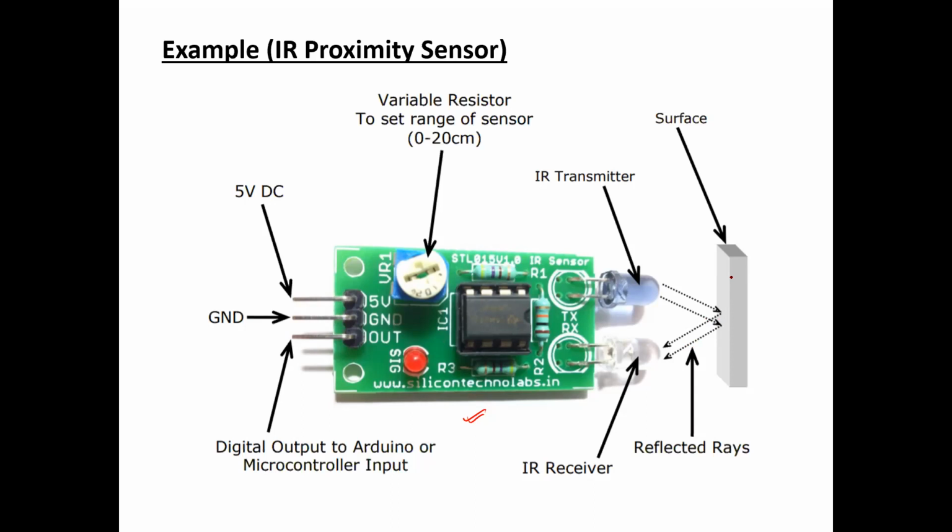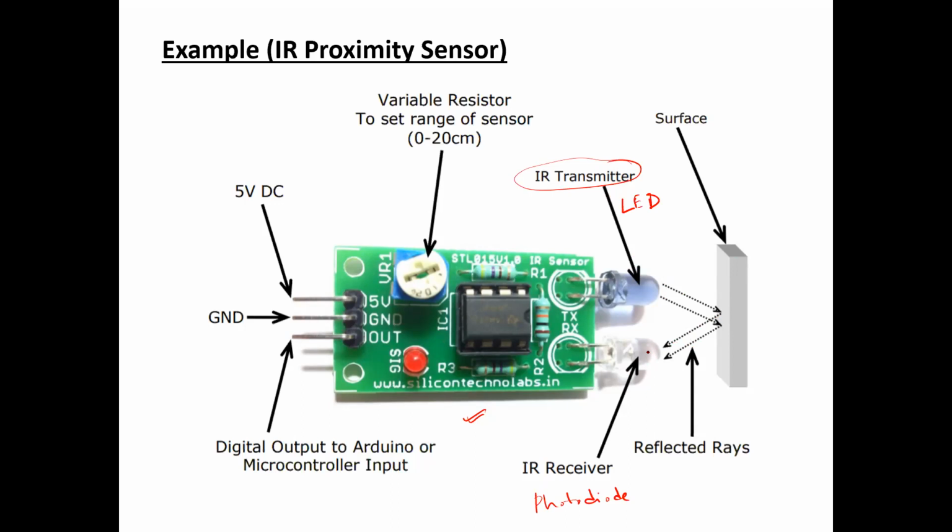So here, as the transmitter, an IR LED or infrared LED is used, and as the receiver, an IR photodiode is used. The infrared LED is going to emit infrared rays which will be reflected back if there is any nearby object, and the reflected wave is going to be absorbed by the IR photodiode.